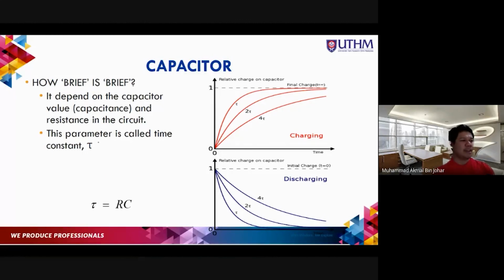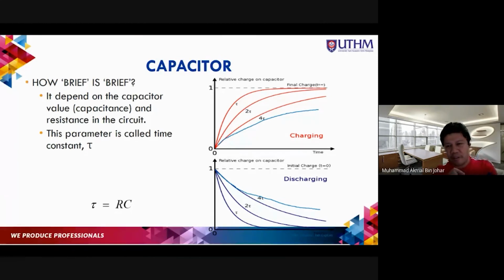So if you change the value, you put resistor in series dengan capacitor, dia akan increase the value of tau, and then you will get longer time of charging and discharging. Remember when I told the story that we put one capacitor untuk hold memory untuk your radios, handphone, even though dah mati.